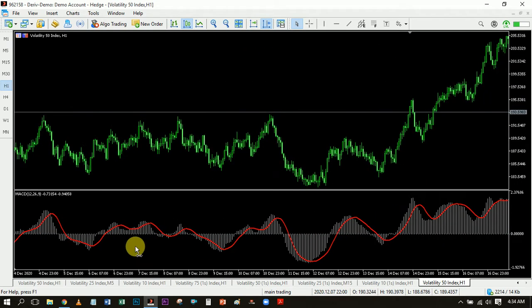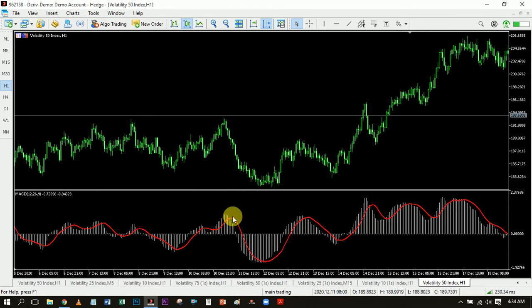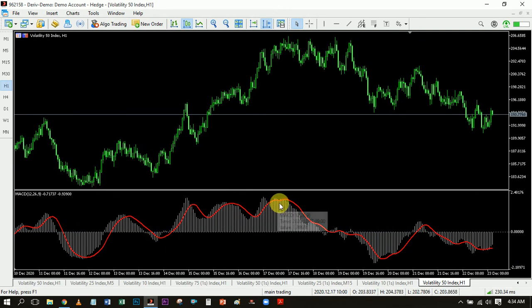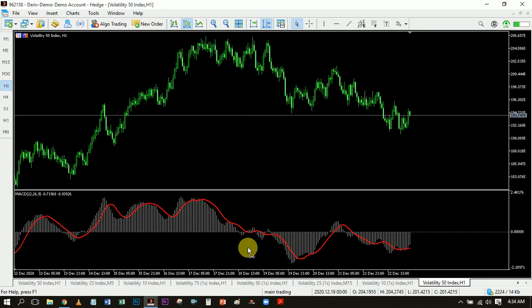Because you notice that this red line, which is our signal line, is lagging while the histogram is leading. What I mean is, before you see a reaction on this red signal line, you would have seen the reaction previously on the histogram, which would have given you an idea of what is about to happen in the market.